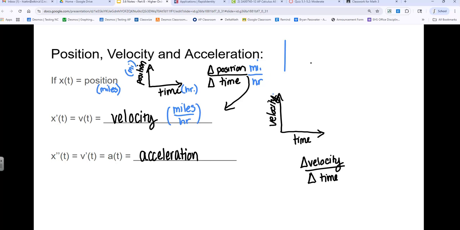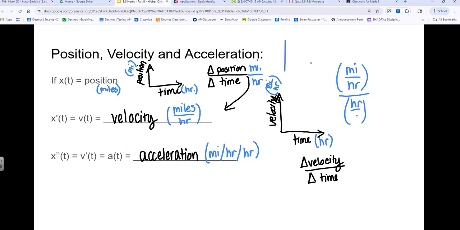So that means on this graph right here, I've got miles per hour, and then I've got hours here. How do I measure my acceleration? What are my units there? Miles per hour per hour. Or you can think of it this way, miles per hour divided by hours.